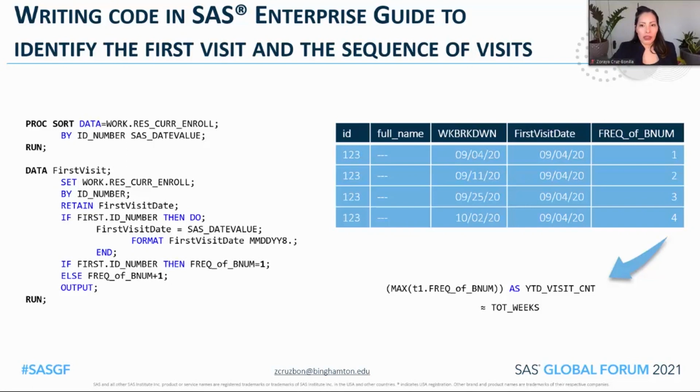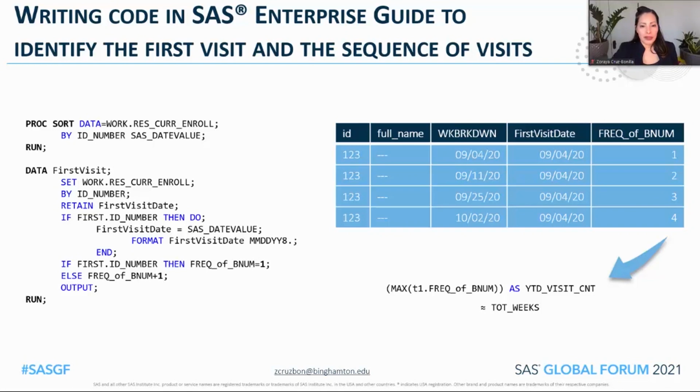Next, for all ID numbers that are not temporary indicator variables, SAS sequentially numbers them. The end result is 1 row per student per week breakdown, his or her first visit date, and FREQ of BNUM serving as the order in which the form was submitted.